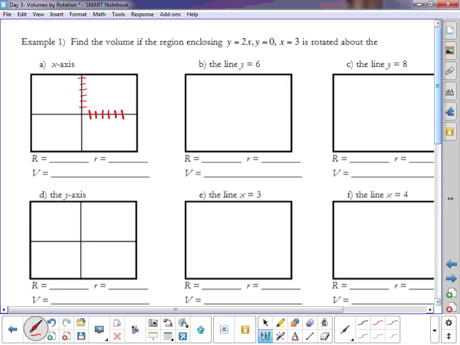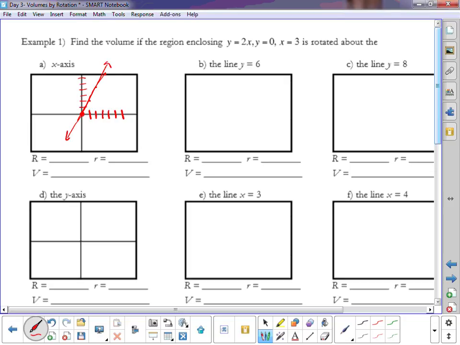My line y equal to 2x starts at the origin, and we're going from 1 up to 3. So I've got my line here, and that extends, of course.